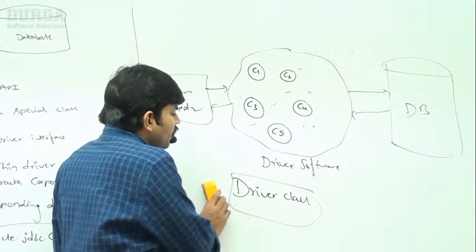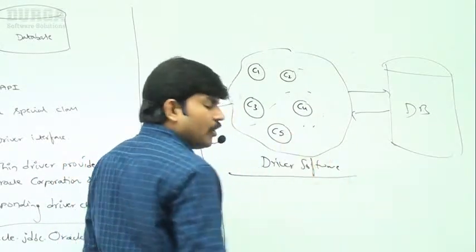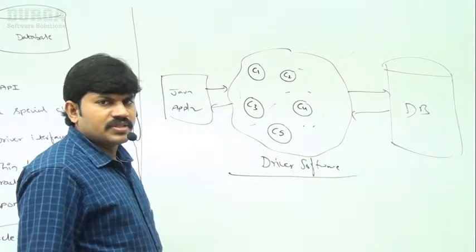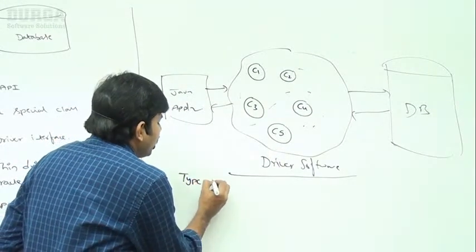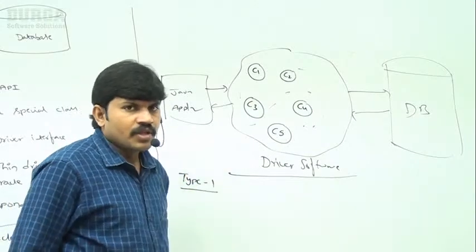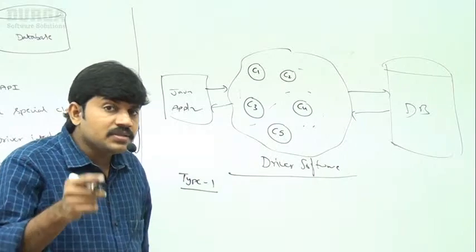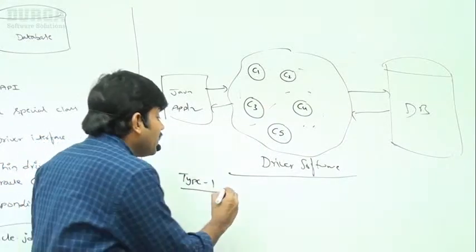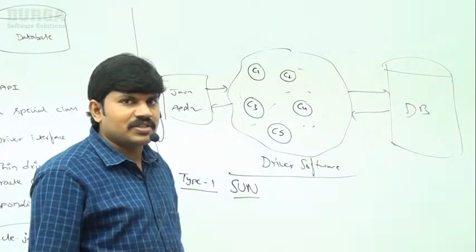Sir, if you want, I can tell a small example. We are going to discuss it anyway in the next session, so don't worry. There is one driver, the Type 1 driver. There is one driver software, Type 1 driver software, provided by Sun Microsystems. Who provided Type 1 driver software, sir?